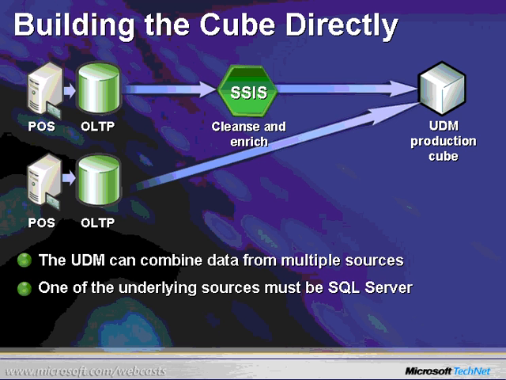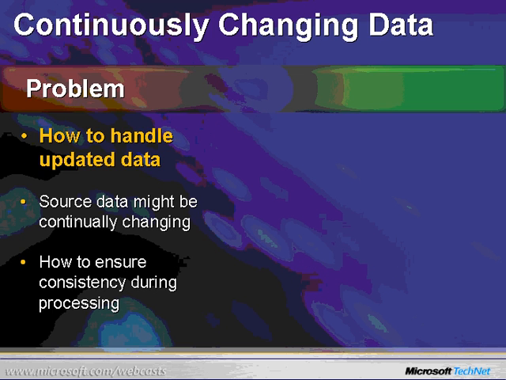As we mentioned earlier, one of the barriers to real-time BI is the problem of continuously changing data. In OLTP systems, the data is continuously being updated and added, so we need a way to ensure data consistency whenever we're providing real-time BI.